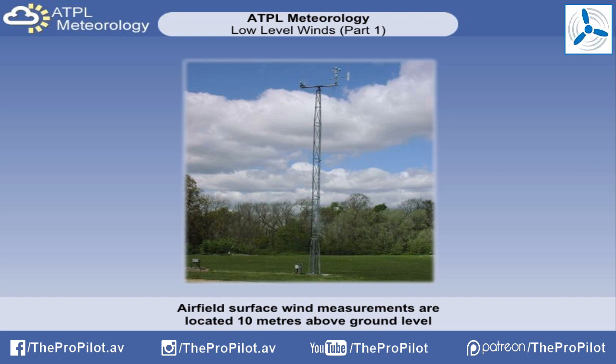The reason for this is that wind velocity changes dramatically with height, and the very near surface velocity can be completely different from that a few meters above the surface. Consequently, these instruments are placed 10 meters above ground level and free of any nearby obstacles that may unduly disturb the flow of air and give misrepresentative readings.